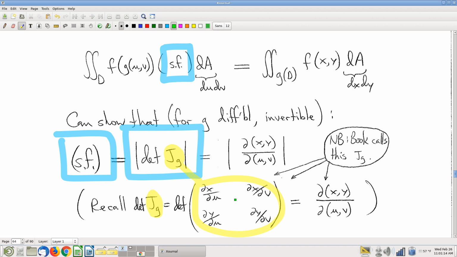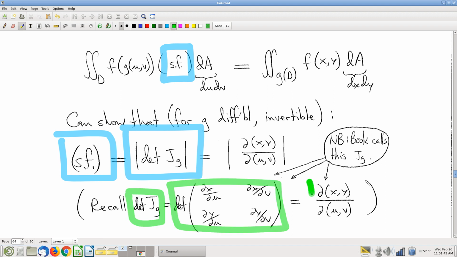What you will notice eventually in writing this down a bunch of times is that formula is, in fact, all of the partials of x and y with respect to all of the input variables u and v, and a convenient way to represent this determinant is that we just write it with this notation here.